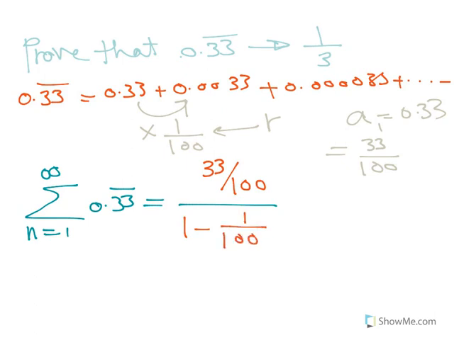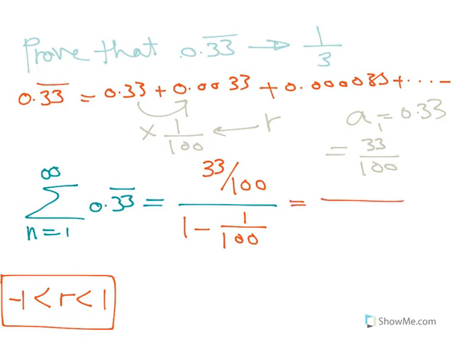Of course, r must be between -1 and 1, as we said before in the previous video. So you have to check that r is between -1 and 1 for this series to be convergent.